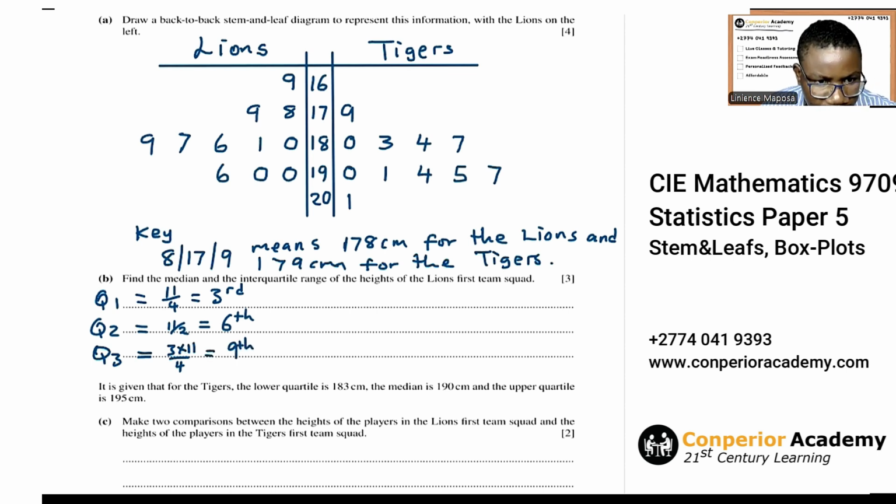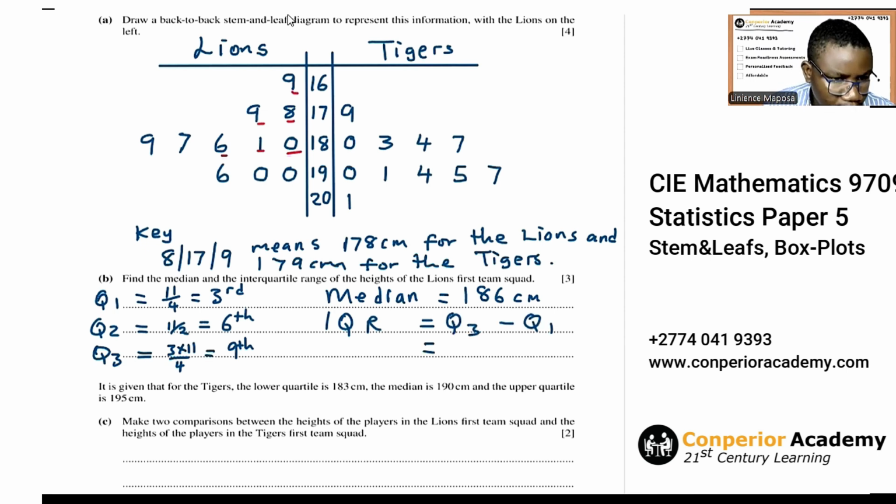So I can just write here that my median is going to be equal to the 6th value for the lions. So I count 1, 2, 3, 4, 5, 6, which is 186. So this will be equal to 186 centimeters. And then my IQR is going to be equal to Q3 minus Q1. Q3 is the 9th value.